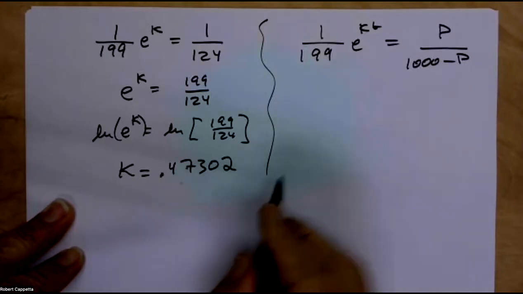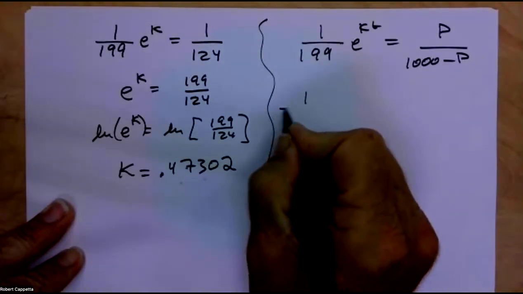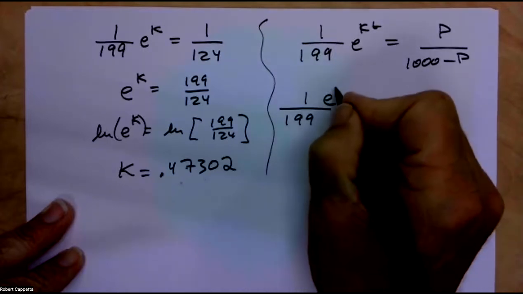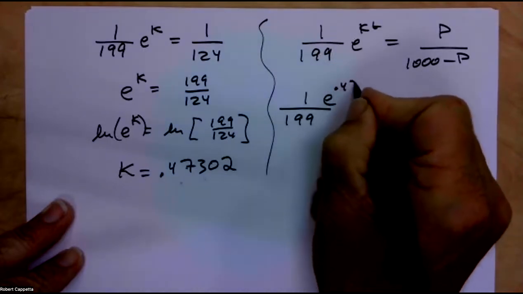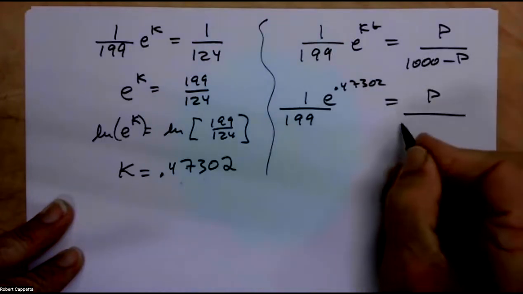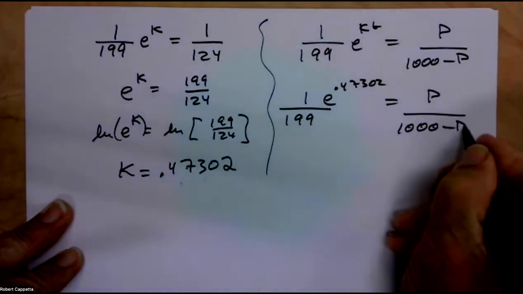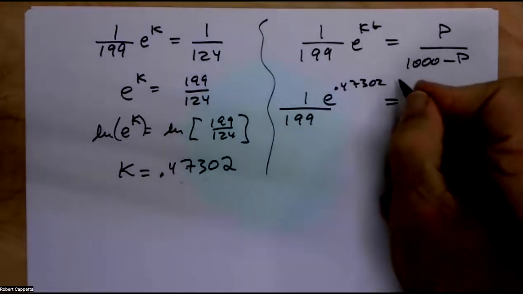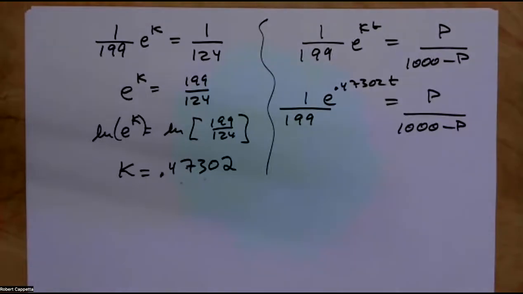We have k is 0.47302, 1 over 199 e to the 0.47302t equals p over 1,000 minus p. At this point, we can go back and look to see what our question was trying to ask.